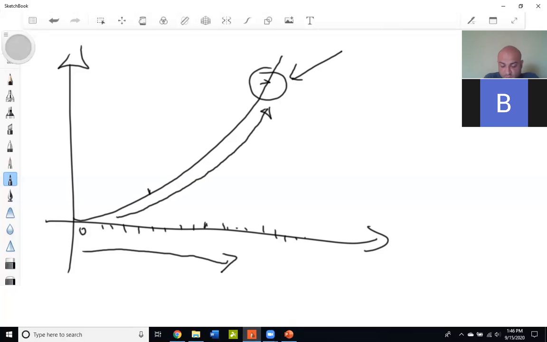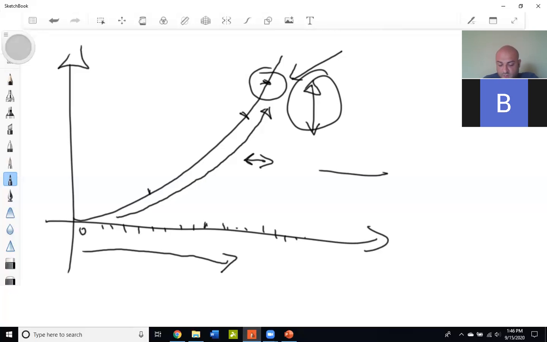For example, at this point, when you move from here to here, your prices change this much, while your quantity only changed by this much. And this is bigger. Price changes are bigger.